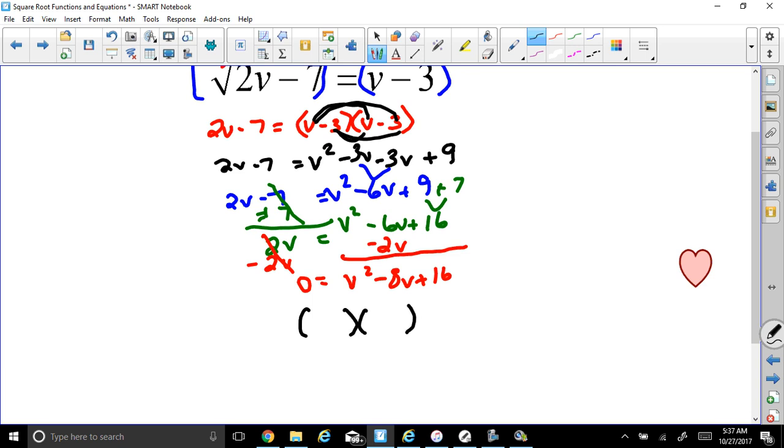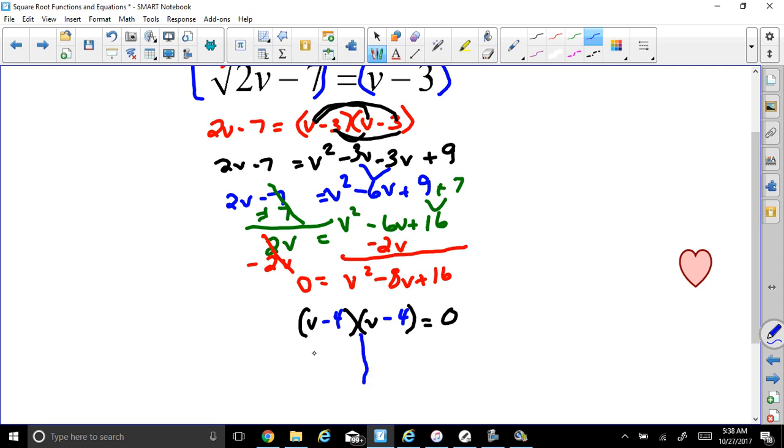So we're looking for two terms that multiply to give you v squared, and that would be v and v. And then we play that game where we're looking for two numbers that multiply to give you positive 16 as well as add up to give you negative 8. And that would be negative 4 times negative 4. Negative 4 times negative 4 is positive 16, and negative 4 plus negative 4 is negative 8. So that would be it.